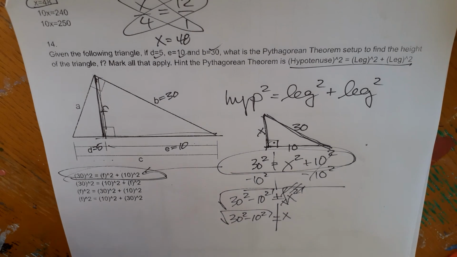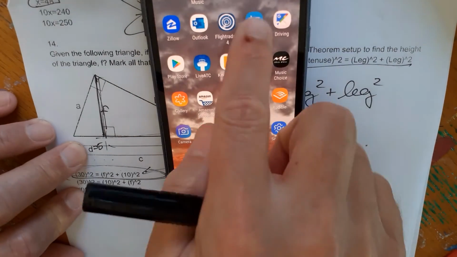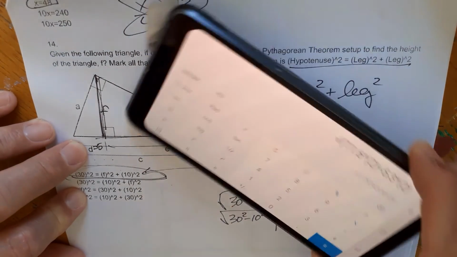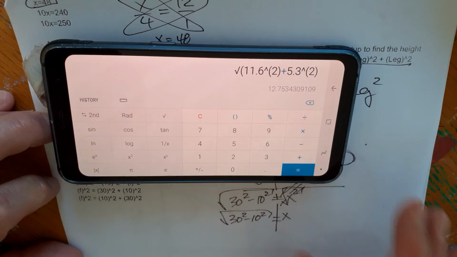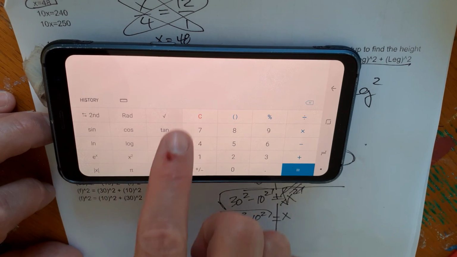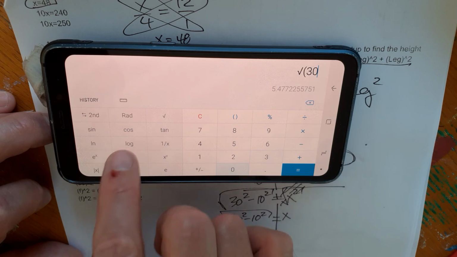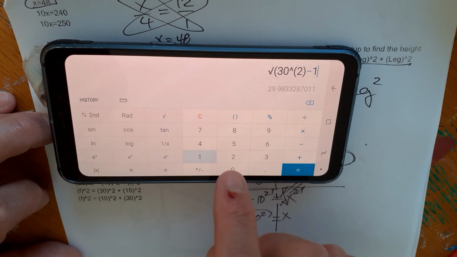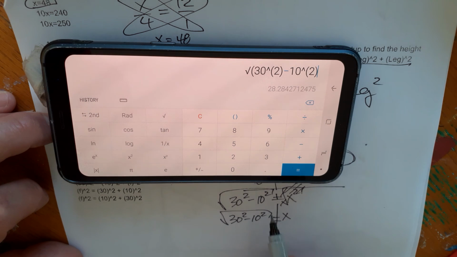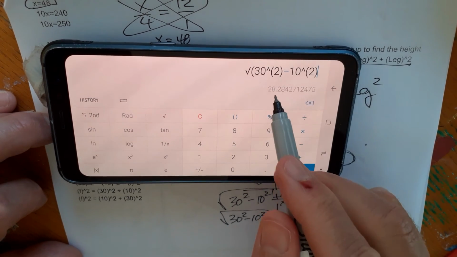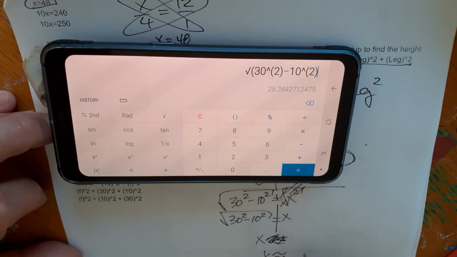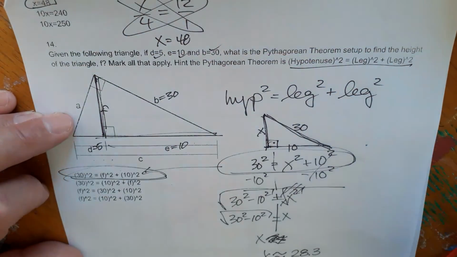In fact, maybe just to do that, since we went this distance, turn your calculator sideways so you can see the full calculator, and say square root of 30 squared minus 10 squared equals. x is approximately equal to 28.28, let's go 28.3, round it to the tenth place. 28.3, what dimensions are we using?